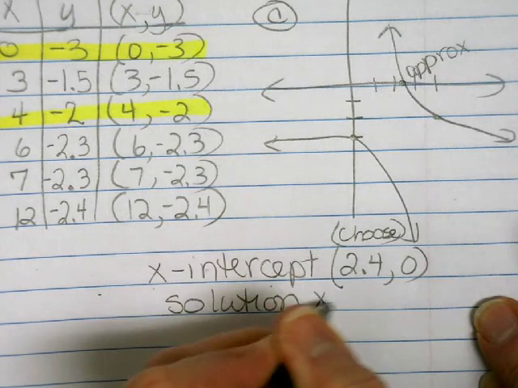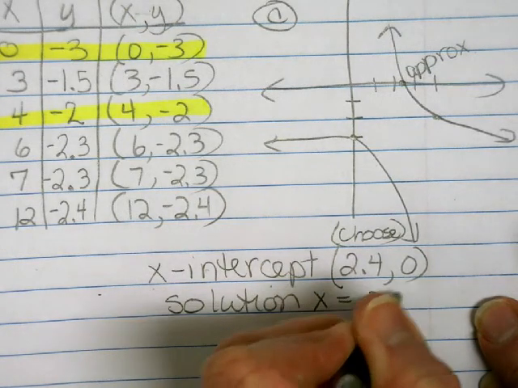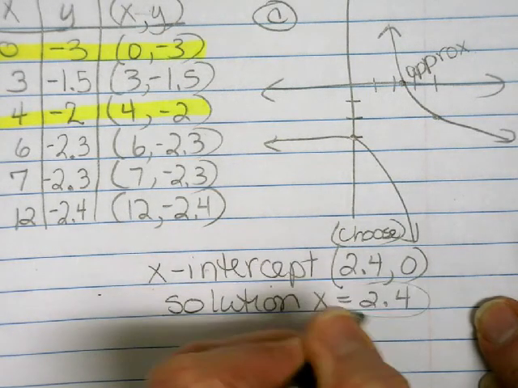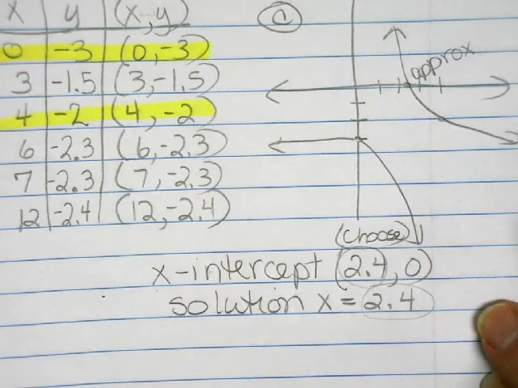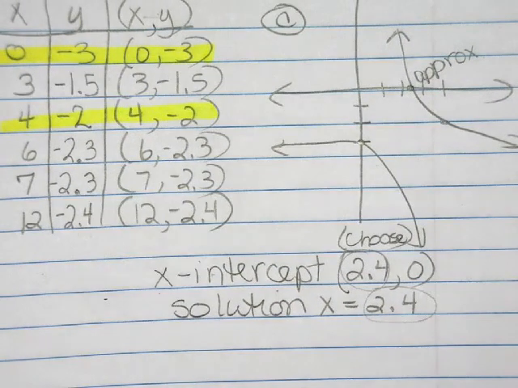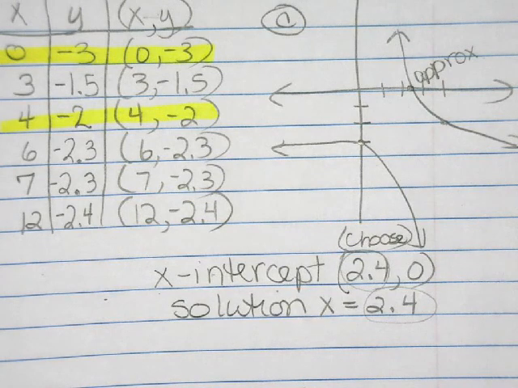It's a drop-down menu. And so your solution, x equals 2.4. So that's what they'll have for you to choose from. And that's why we don't necessarily care for graphs.